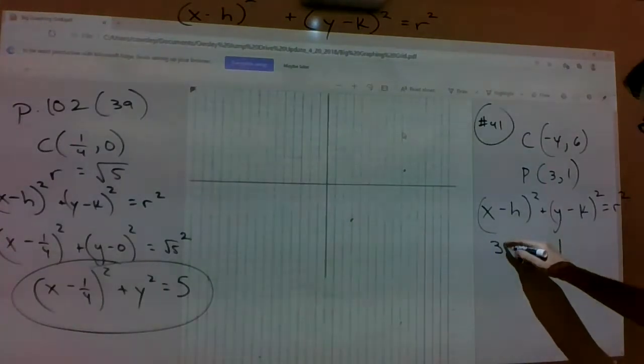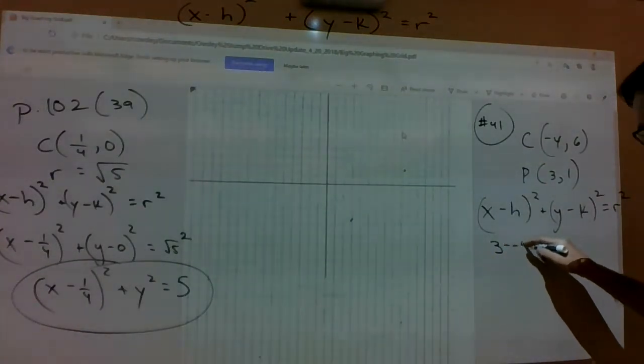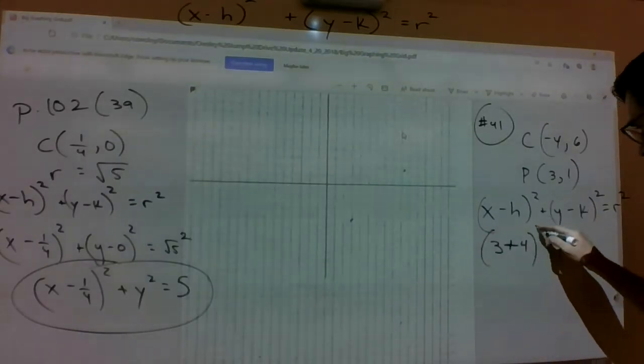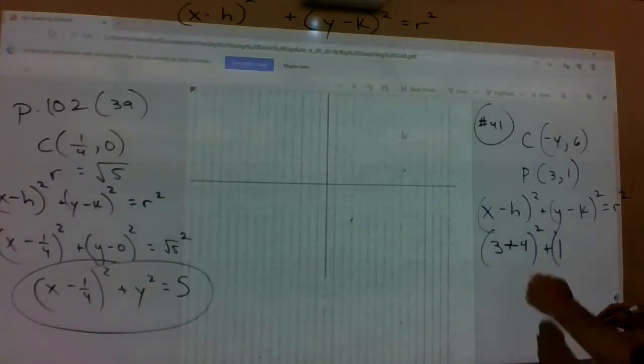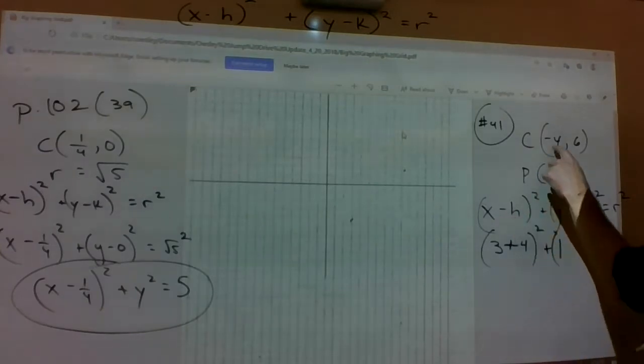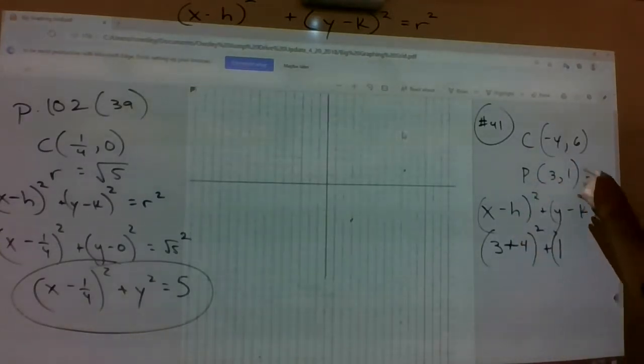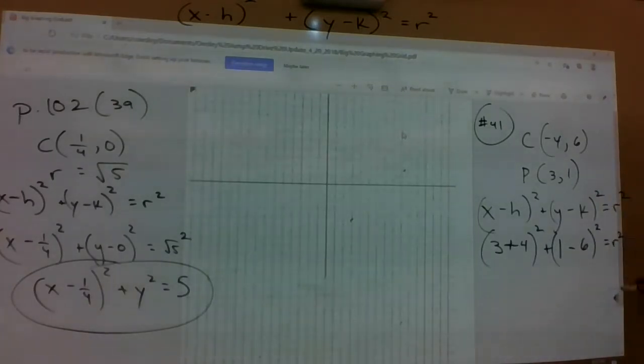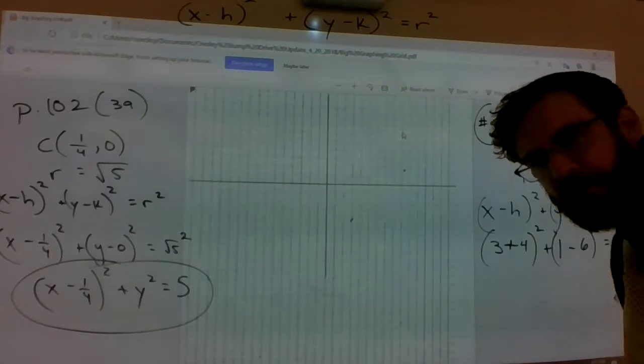So it's going to have to be 3 minus -4, which is 3 plus 4. That whole thing is squared. And when h is -4, our k has to be 6. So it's 1 minus 6. That's how you find the radius.